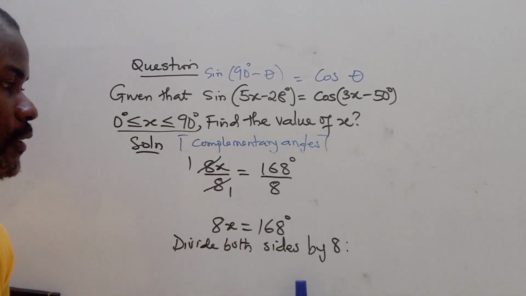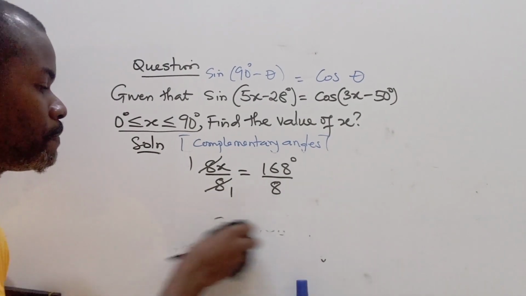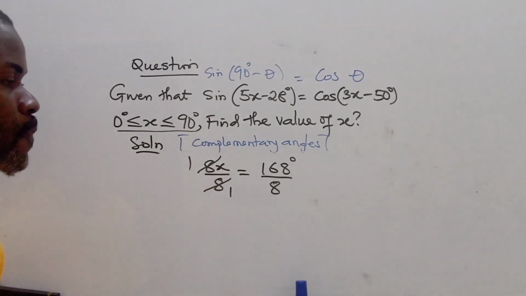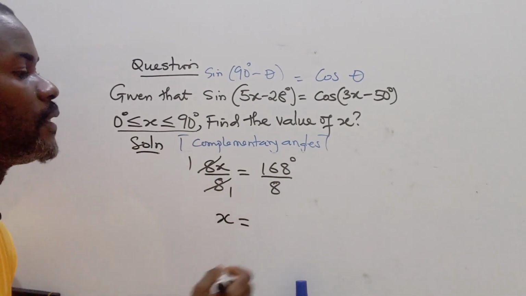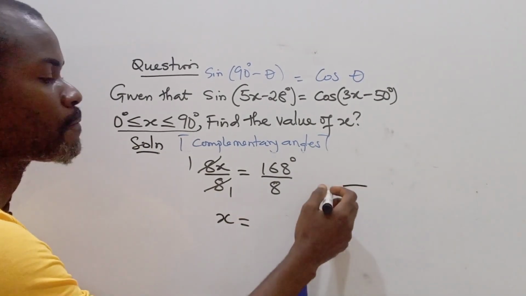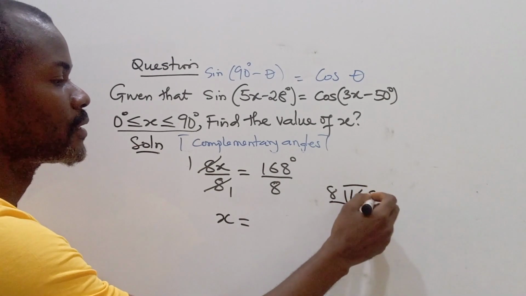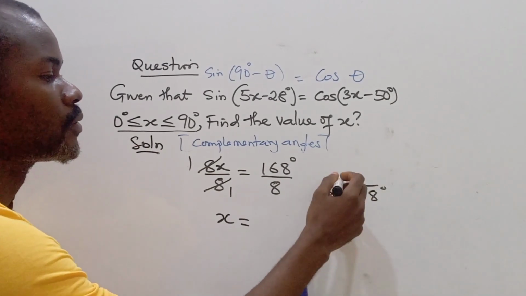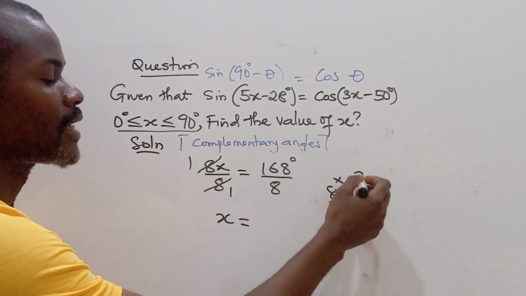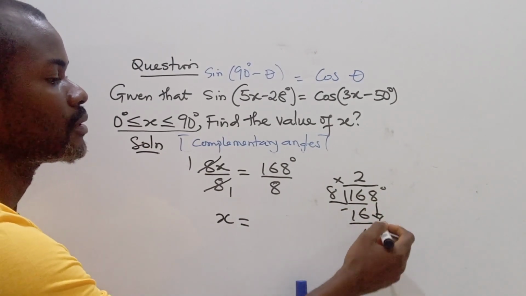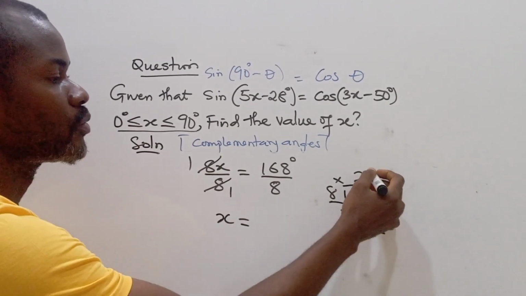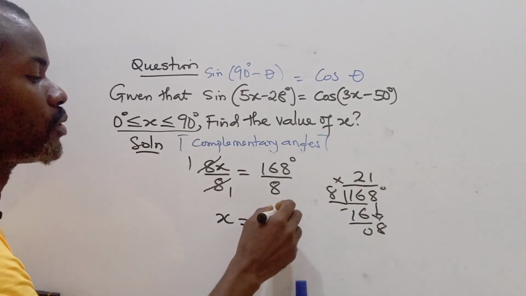So we are left with x equal to 168 degrees divided by 8. Let's quickly check: 16 divided by 8 is 2 times, which gives 16. Subtract, bring down the 8. 8 divided by 8 is 1 time. So we have 21 degrees.